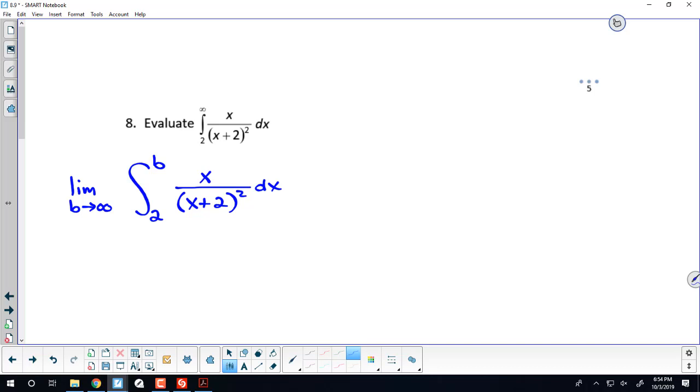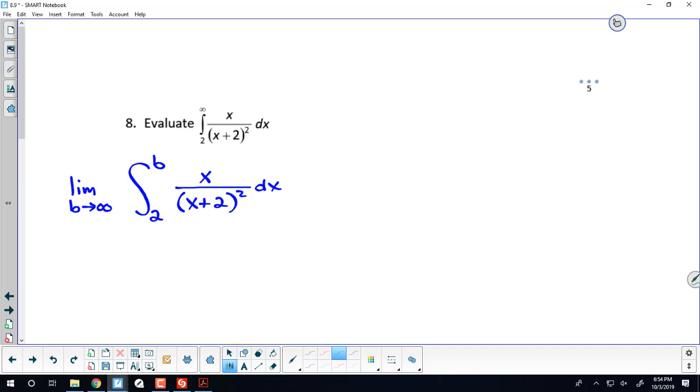Okay, so what method of integration would we use to find the antiderivative? Can we do it by parts? I think by parts would work. A trig substitution might be applicable if we had x squared plus 2, but since we have x squared plus 4x plus 4 on the bottom, you could try integration by parts, or partial fractions could work here, right?